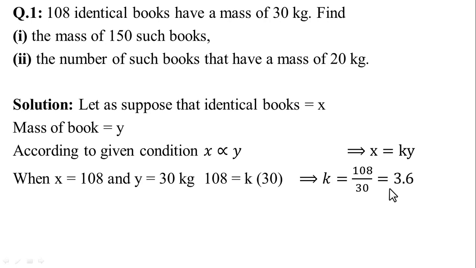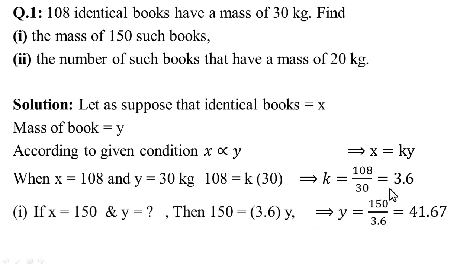In the first part, the mass of 150 such books. So if x is equal to 150 and y is equal to question mark, then we put the value: 150 is equal to the value of k, 3.6, into y.